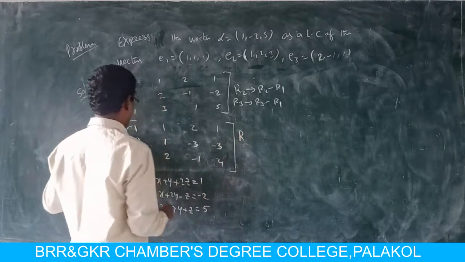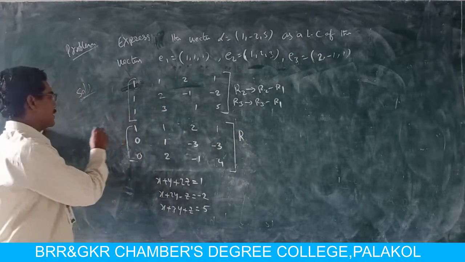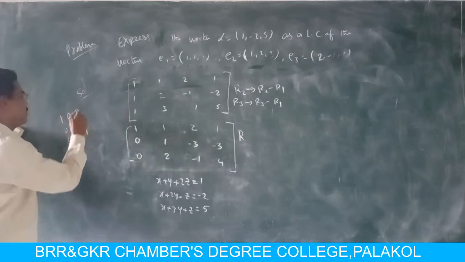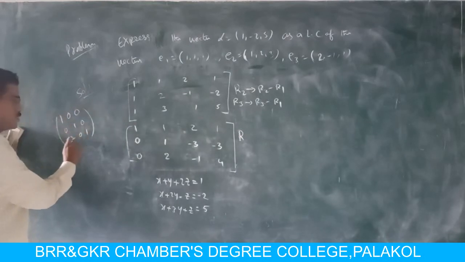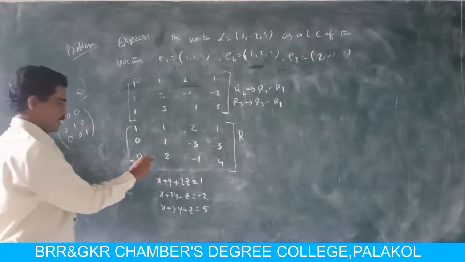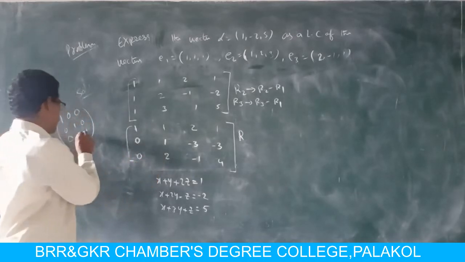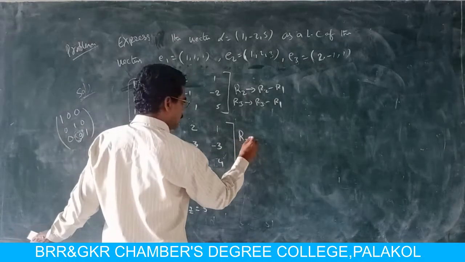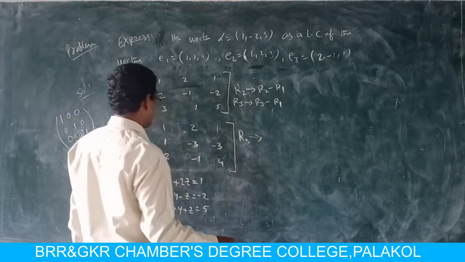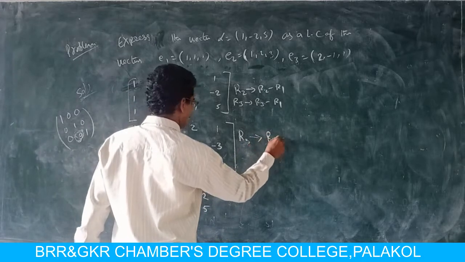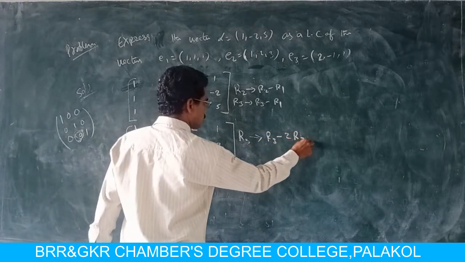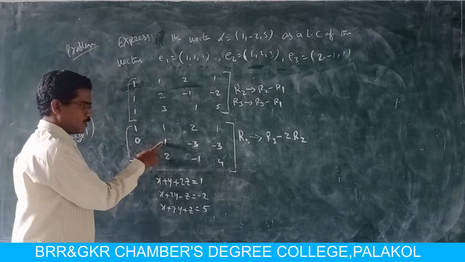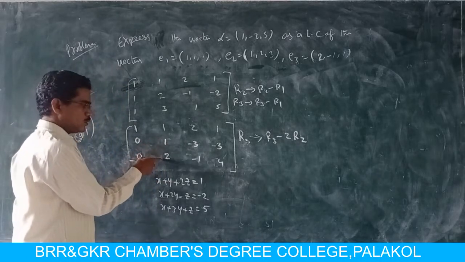Now, applying the unit matrix 1 0 0, 0 1 0, 0 0 1, here the 2 is reduced to 0. Then applying R3 tends to R3 minus 2R2, here 1 multiplied by 2, then 2 minus 2.